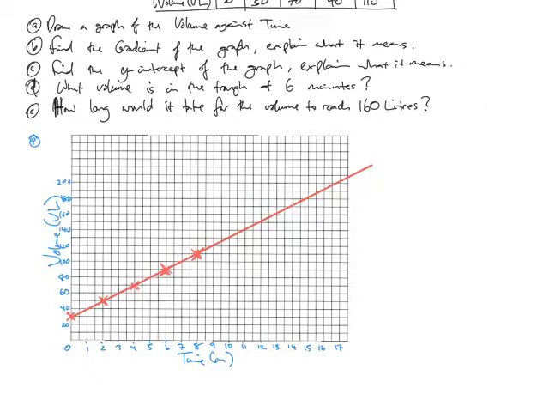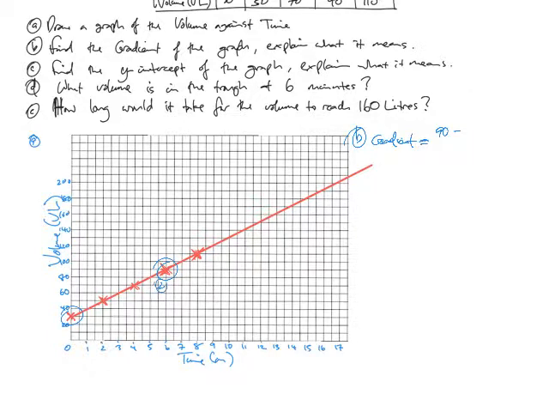B, find the gradient of the graph, explain what it means. Well, I've already told you the gradient is equal to the y-coordinate of the second point, take the y-coordinate of the first point. So if we look, say, here and here, the y-coordinate there is 90 minus the y-coordinate of the left point.